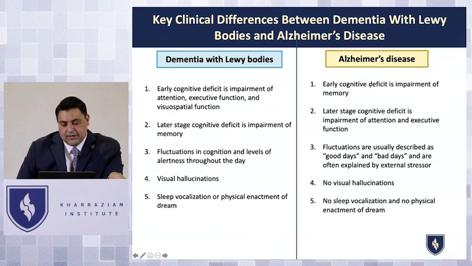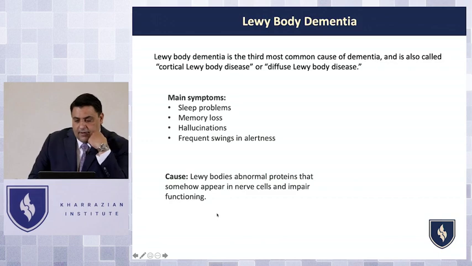But with Alzheimer's disease, it's just remembering where the keys are, remembering phone numbers, and things like that. And then again, no visual hallucinations with Alzheimer's disease, and visual hallucinations with dementia with Lewy bodies, and no sleep vocalizations or physical activity with dementia while they're sleeping, but significant vocalization and physical enactment with dementia with Lewy body disease.